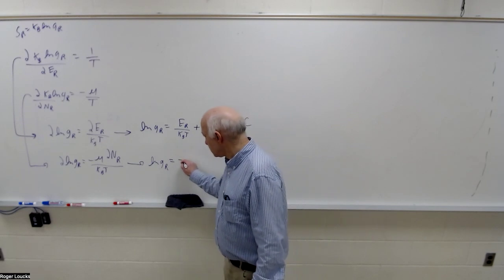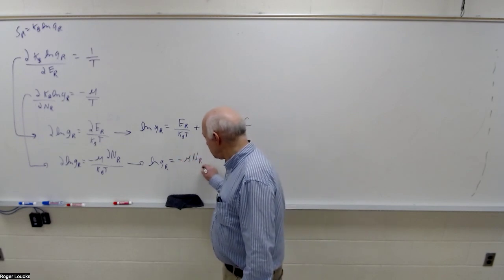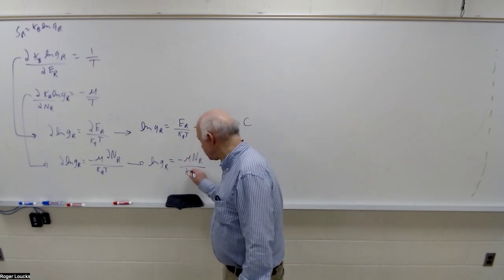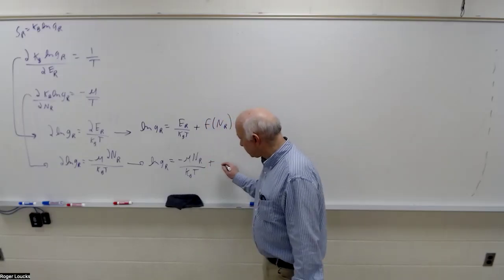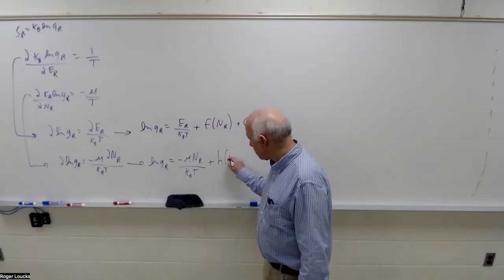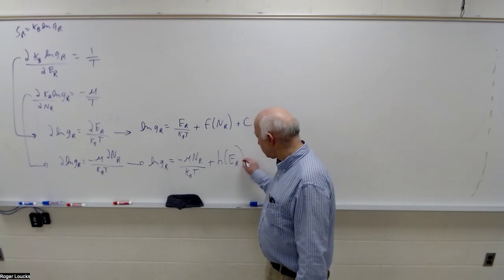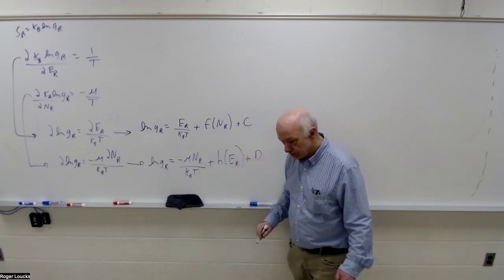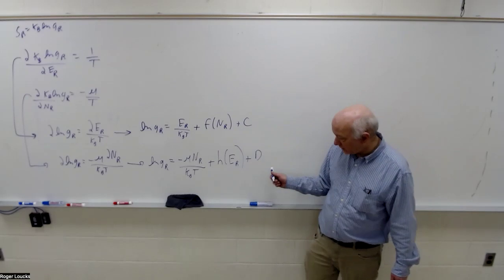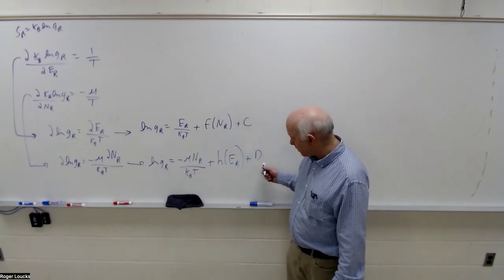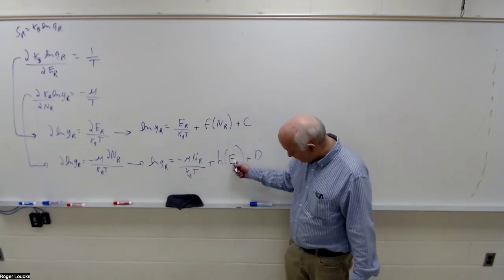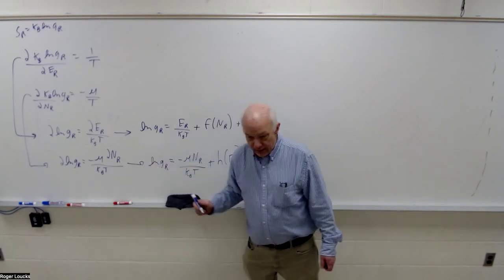Minus mu NR over KBT, plus a function of ER, and so some function, I'll call this H, a function of ER, plus some new constant D. That makes sense? Because if I differentiate this with respect to NR, this is 0, this will give me 0, and this goes to that.